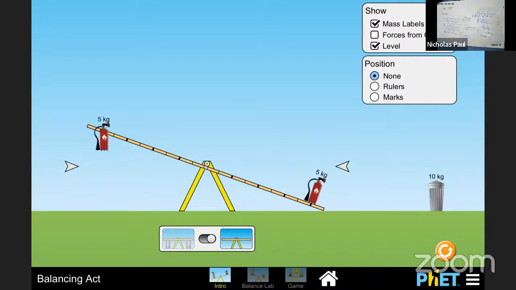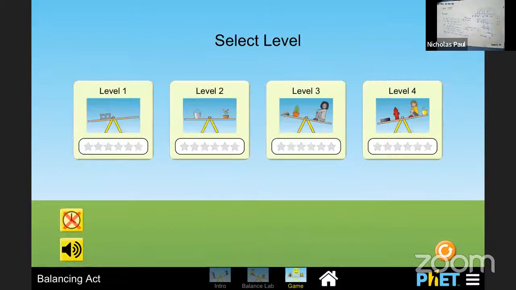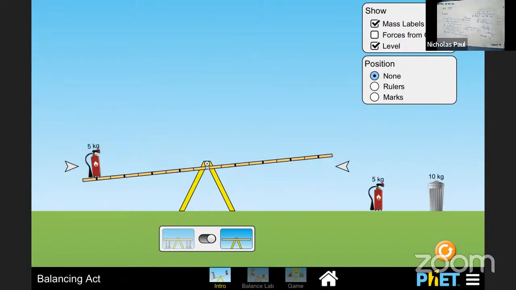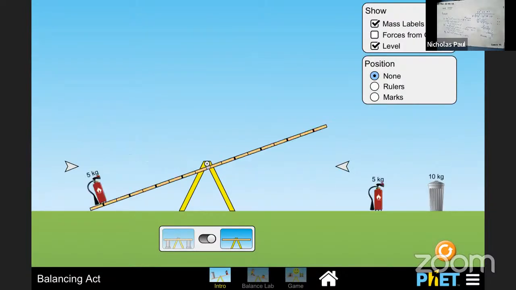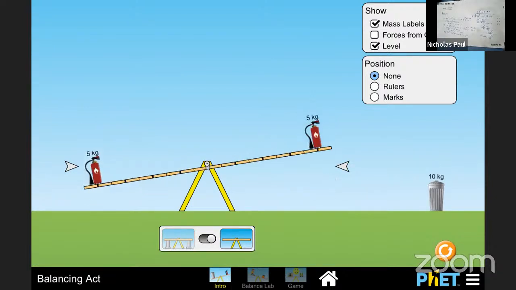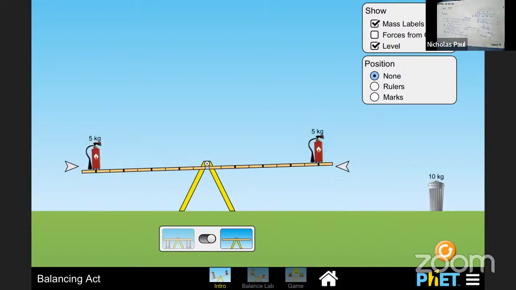And now if I take this one off, it turns what? Anti-clockwise. So here's really what is happening. What do you think is happening there now? It's in equilibrium. And the reason for that is that the clockwise and the anti-clockwise moments are the same.